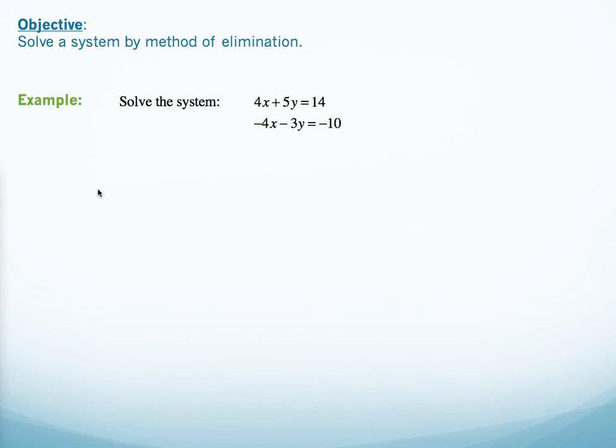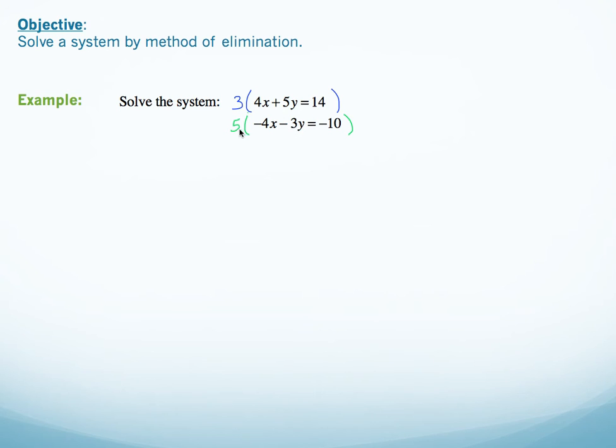So that means that I would multiply the first equation by 3 to get that 5 to become 15, okay? And then for the second equation, I would multiply that second equation by 5, so let's get 5 up here, to get that negative 3 to become negative 15.